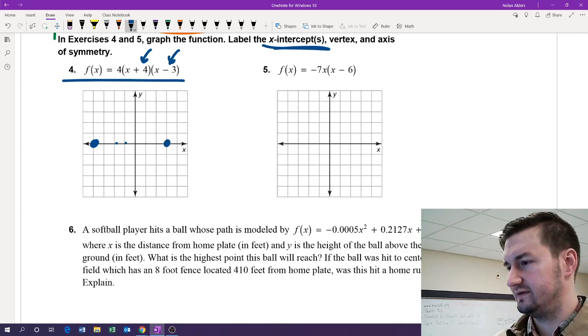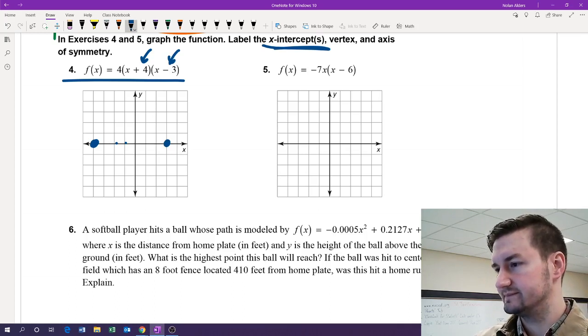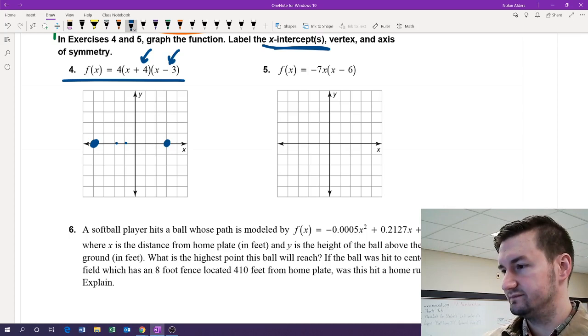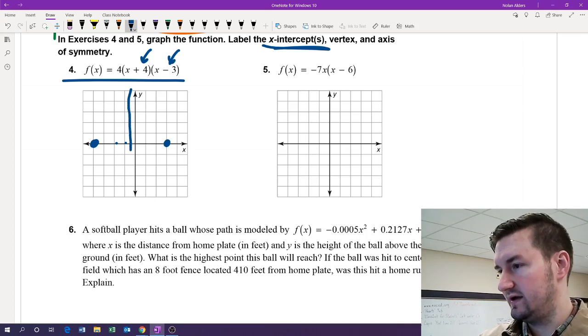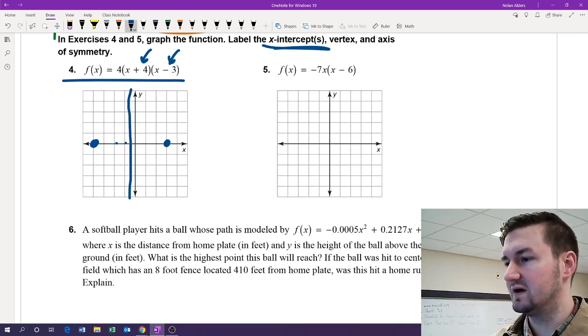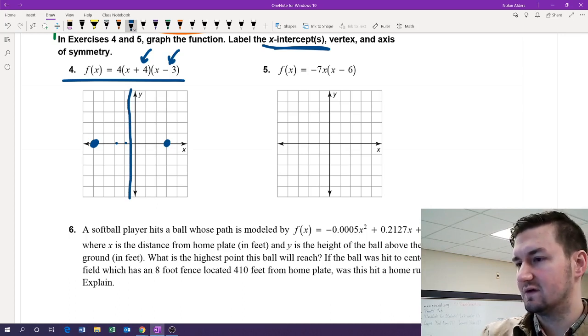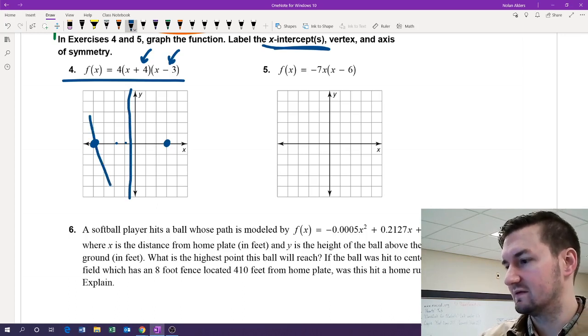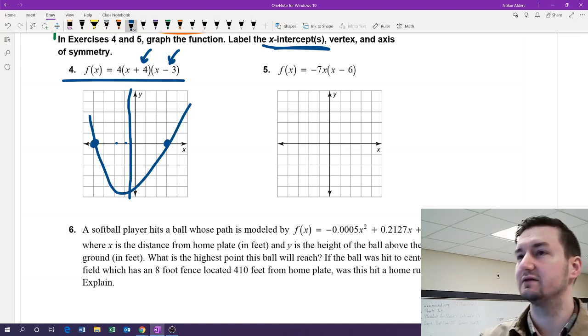So our graph is going to be, our axis of symmetry is right in between those two dots, and so our graph is going to look something like this. Oh, that's not the best drawing ever.